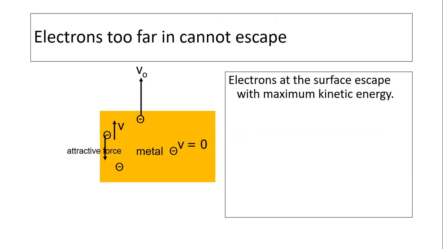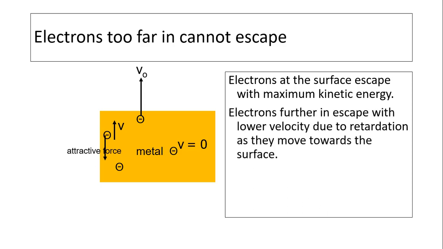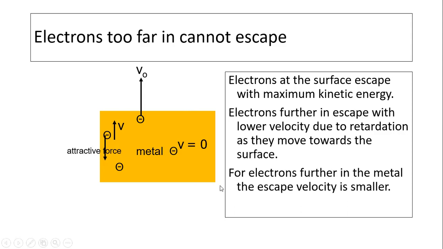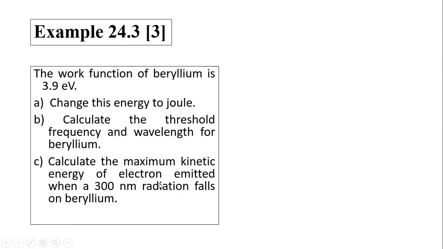You receive photon from the electromagnetic radiation, it just escapes with maximum kinetic energy. Electron further in escapes with lower velocity due to retardation. There are positive ions, so there is your retarding force. As it moves to the surface, electron further in the metal escapes with smaller velocity or kinetic energy.